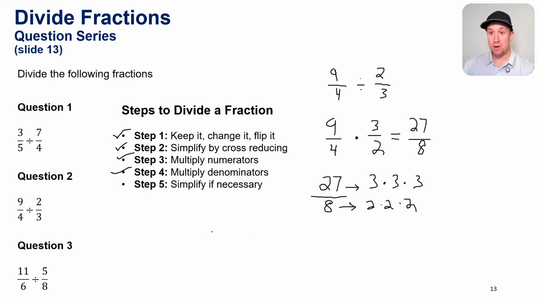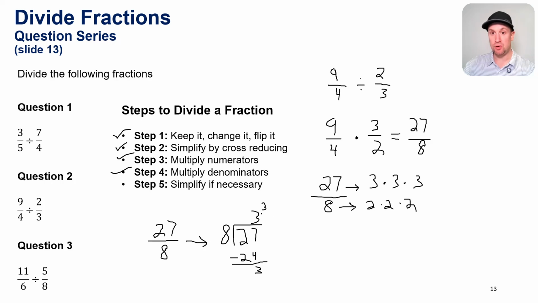27 over 8 though, let me give myself some room. I'm going to go over here. 27 over 8 is an improper fraction though. The top number 27 is bigger than the bottom number 8, which means we can change to a mixed fraction. So 8 goes into 27 3 times. 3 times 8 is 24. 27 minus 24 is 3. 3 is the remainder.